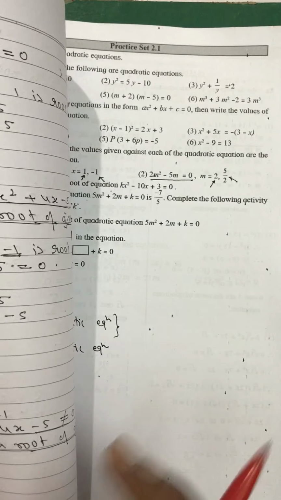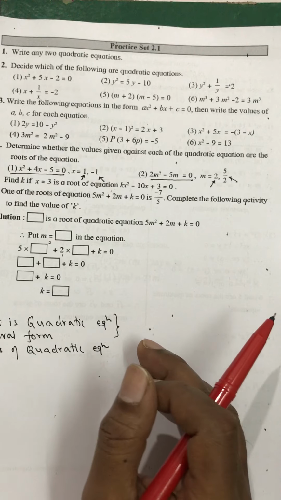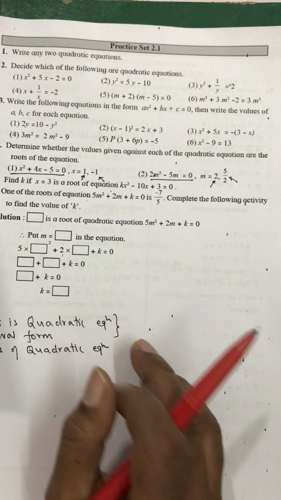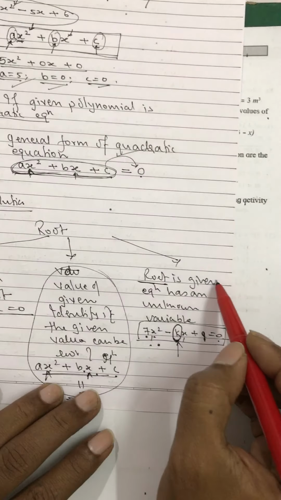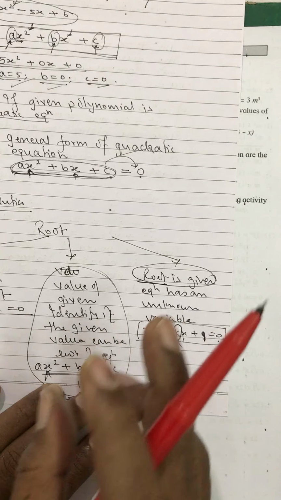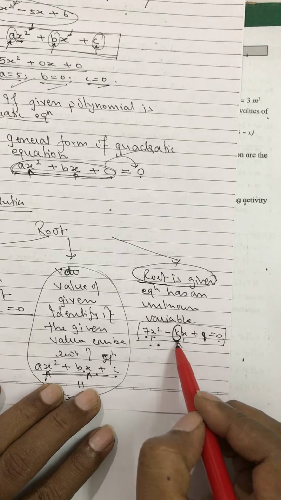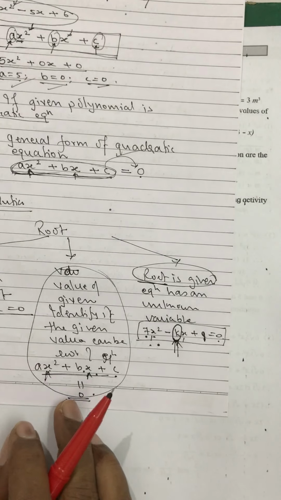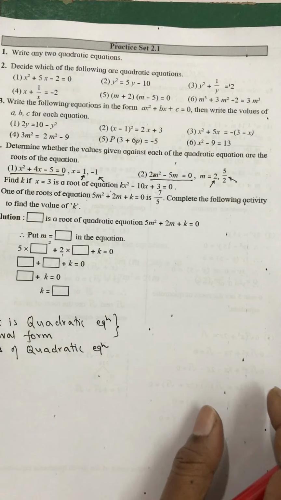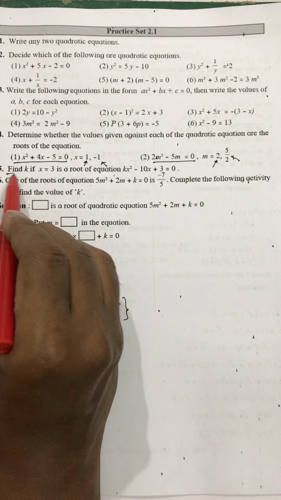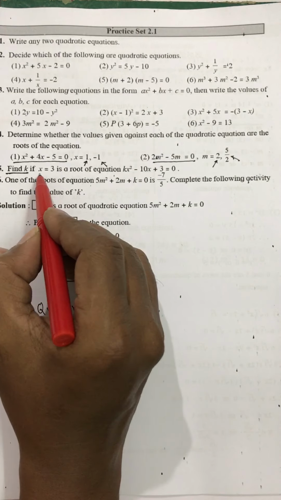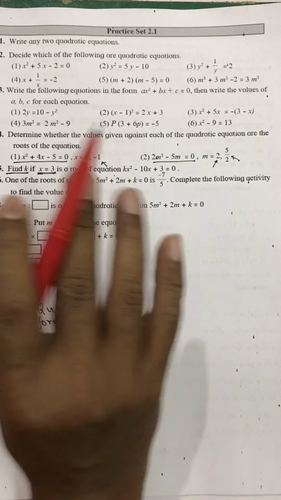Remember that. Okay. Now once you have understood what is a root and what is not a root, now they are taking you to another part of the question. Root is given. They will give you that this is a root, and a different variable will be there, which you have to find. So here if you see the 5th question, find k. You have to find k if x is equal to 3 is a root.